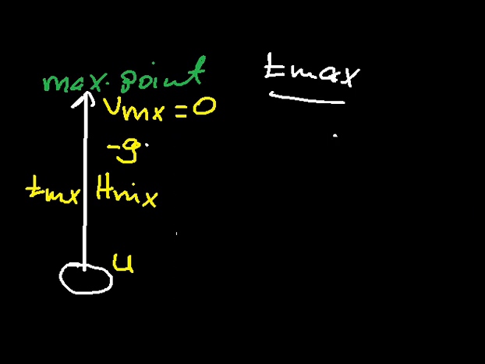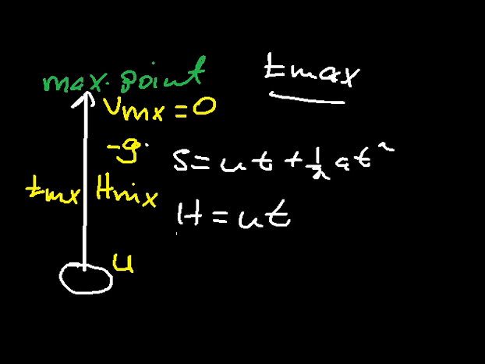And how about if we have this case? We can also have the t max using this formula, which is given as displacement is equal to ut plus half at squared, where in actual free fall motion we have the maximum height is equal to u t max minus half g t squared max.